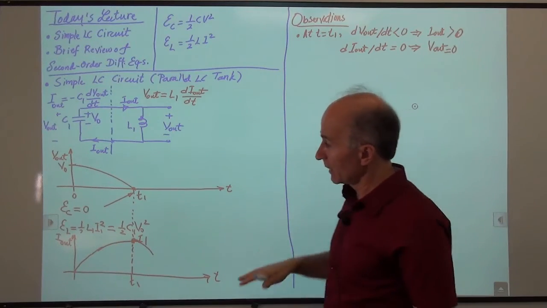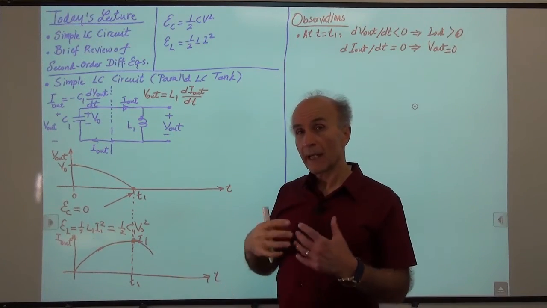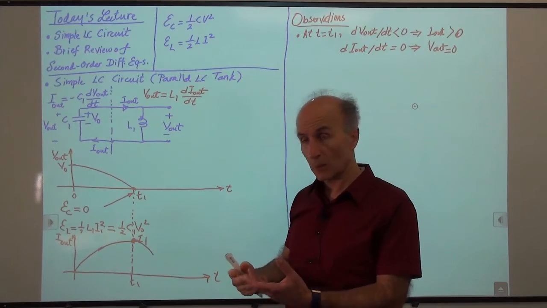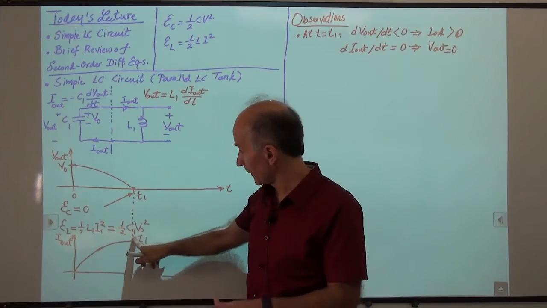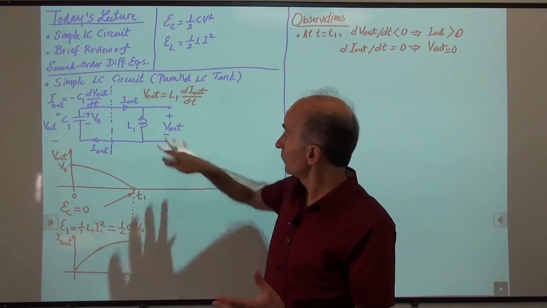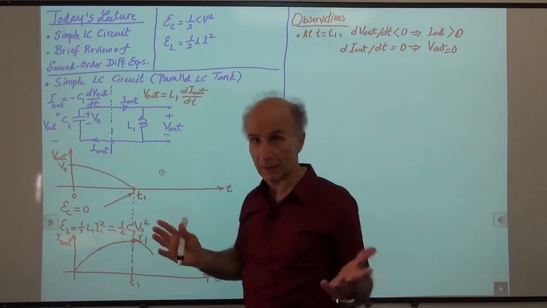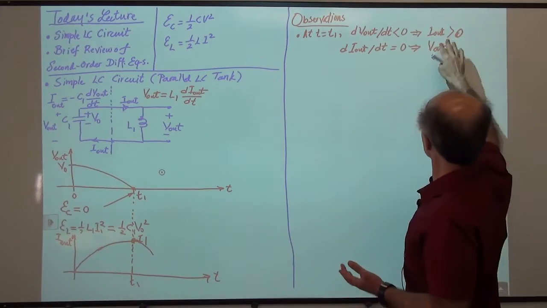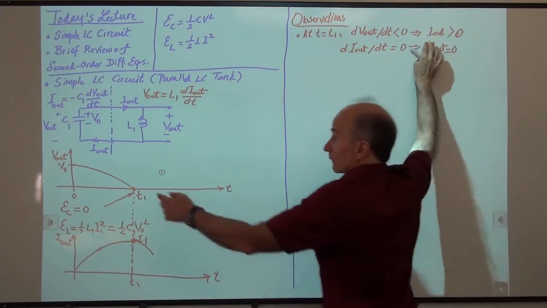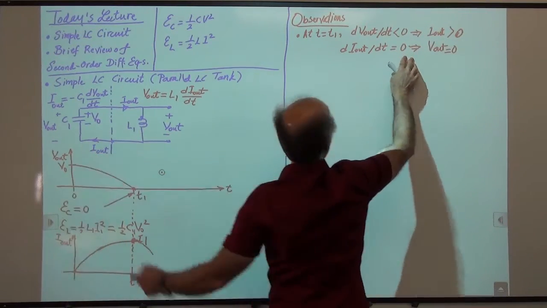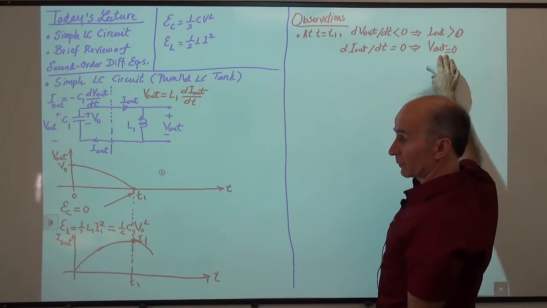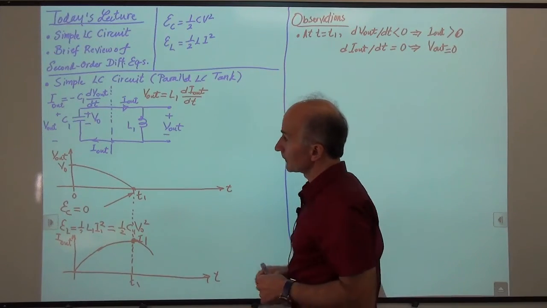Okay, so these simply check our intuitive predictions. We said this should happen, etc. And when I go back to these basic equations and I plug these in there, I see that yes, everything checks out. So we see that yes, the current has to be positive, flowing this way, and the output voltage has to be 0 at that point in time.